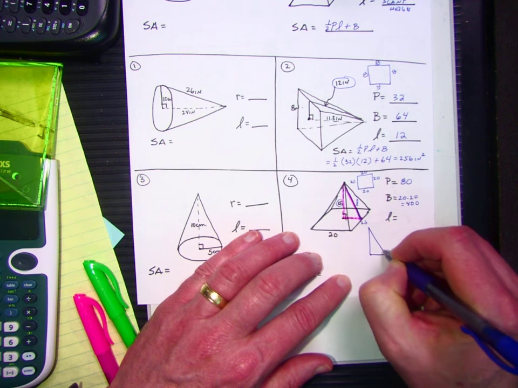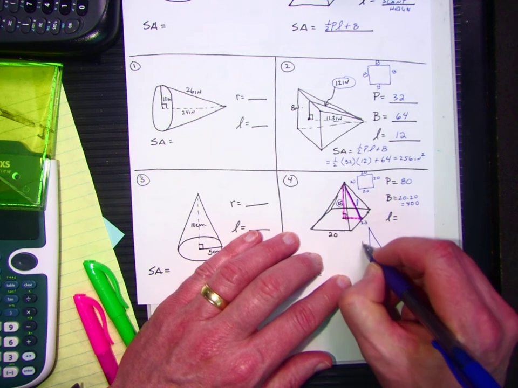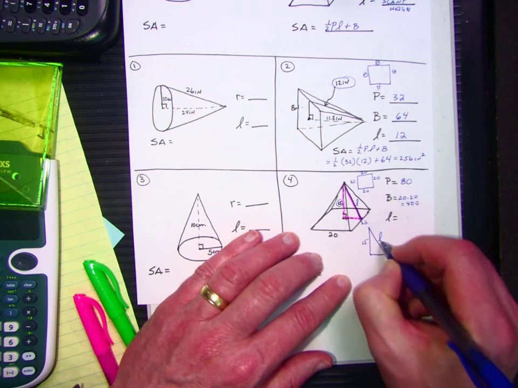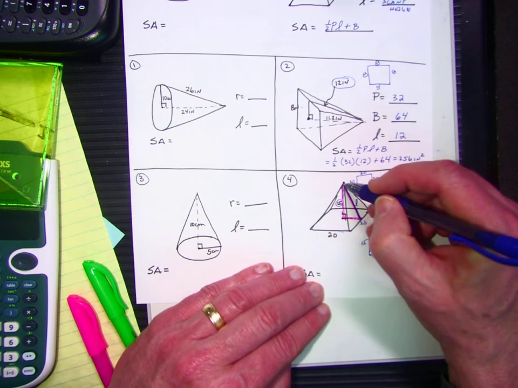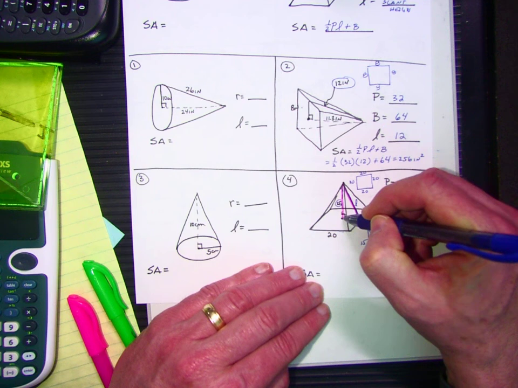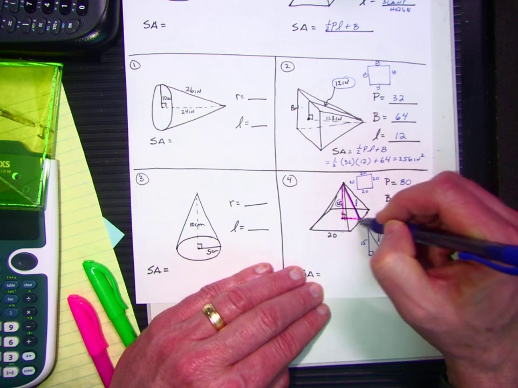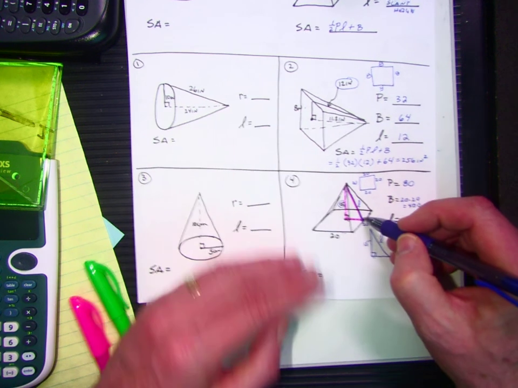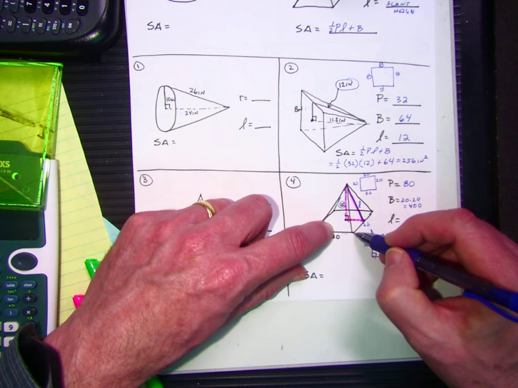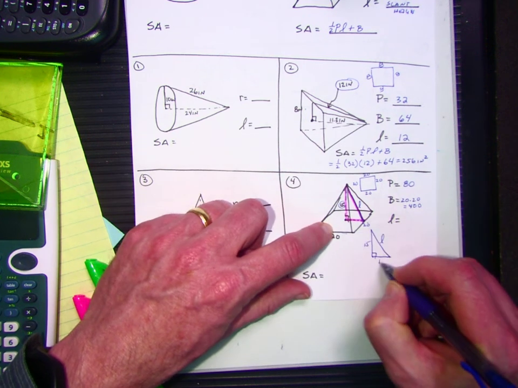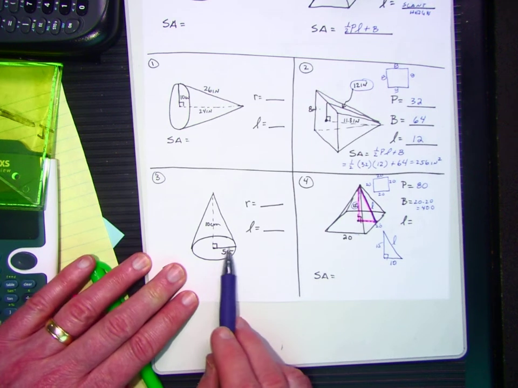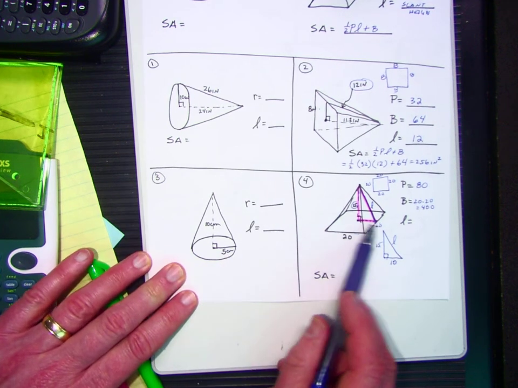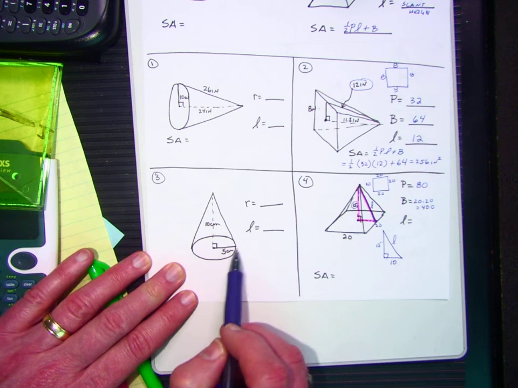This is 15, this is L, and I know you always say, oh, it's 20 down here. No, it's not. This height falls right in the middle, so if this whole thing is 20, it's going to be half of that, which is what? 10. Over here, it's just like the radius of the circle. It's half of it.